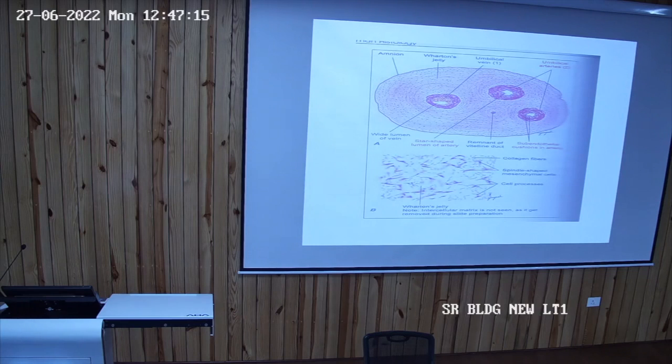Alright, the slide is very simple to identify. The next question is, the umbilical vein carries, yes, besides the pulmonary vein, which other vein carries oxygenated blood? Good. And the umbilical arteries are carrying the deoxygenated blood from the fetus.